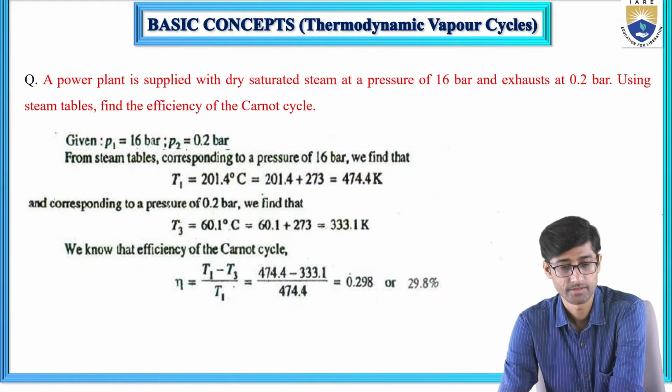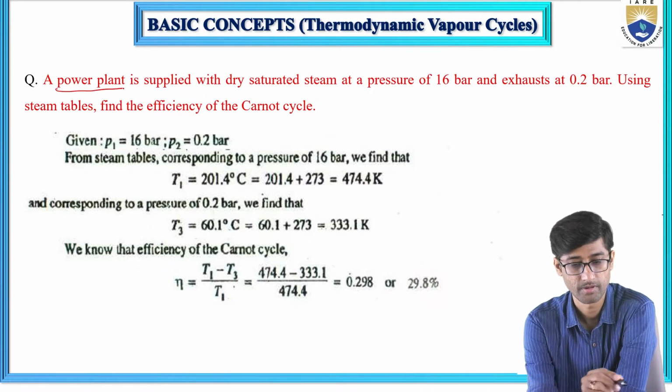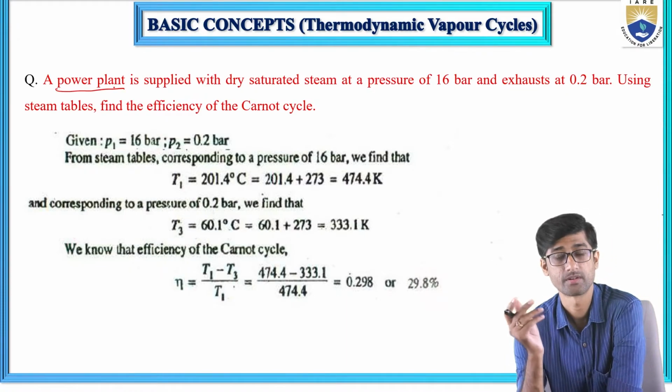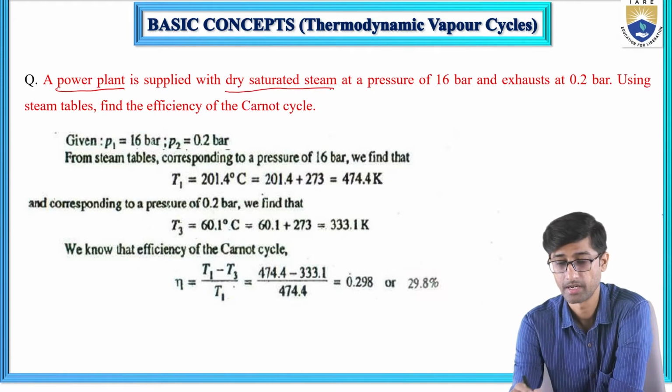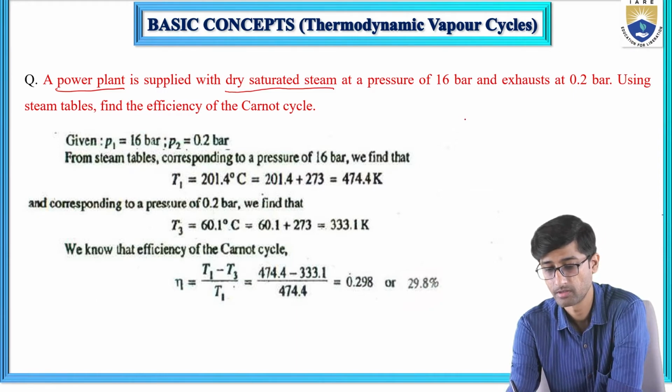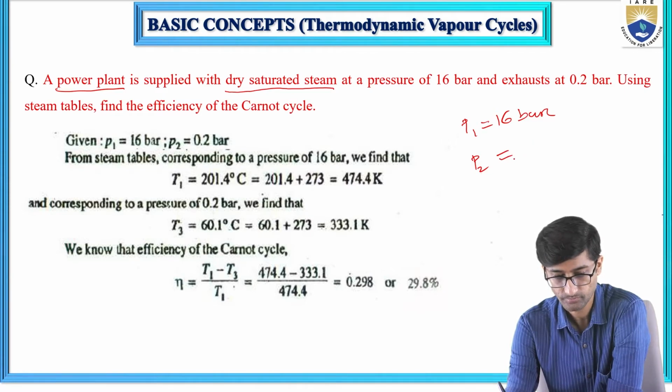Now the question is, a power plant, a steam power plant where we are using the Carnot cycle, is supplied with dry saturated steam, at a pressure of 16 bar. Now the initial pressure is given as 16 bar, and exhaust at a pressure of 0.2 bar, so the exit pressure P2 is given as 0.2 bar, right?